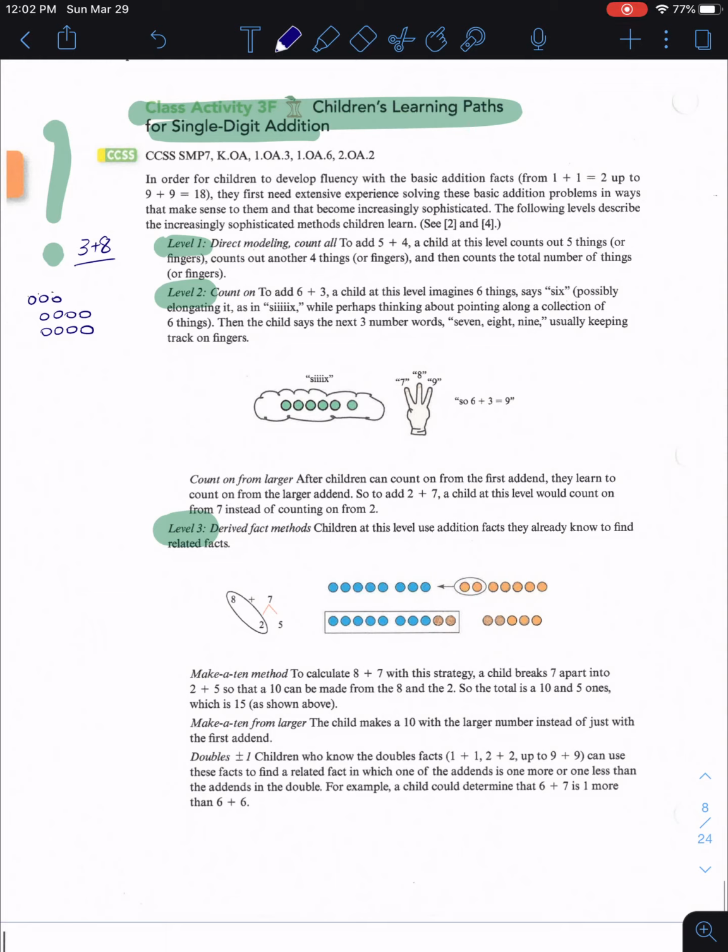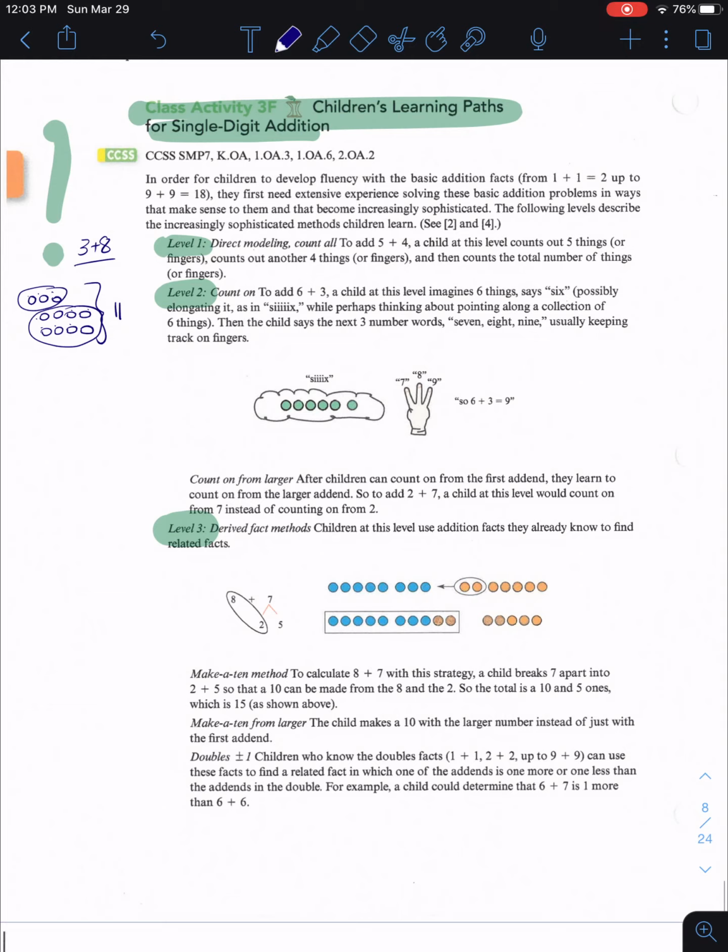So 1, 2, 3, 4, 5, 6, 7, 8, 9, 10, 11. So they will say that there are 11 pieces here. So 3 plus 8 is 11. So they're modeling the 3, they're modeling the 8, and they're counting all of it.